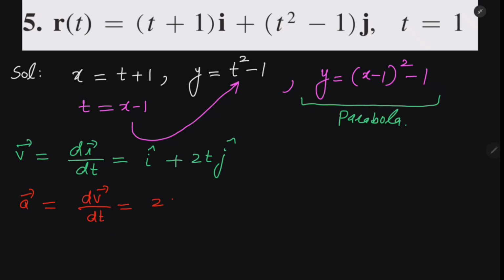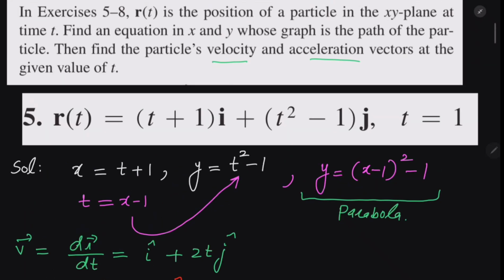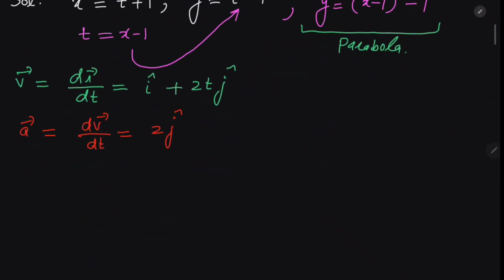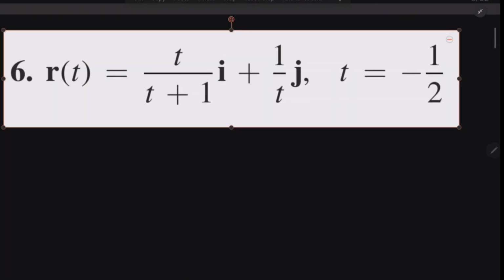So acceleration is 2j unit vector. And it has been asked to find the velocity and acceleration at t is equal to 1. So velocity at t is equal to 1 will be i plus 2j. We simply put the value for t, and there is no t over here, so the answer remains the same. Now we move to question number 6.